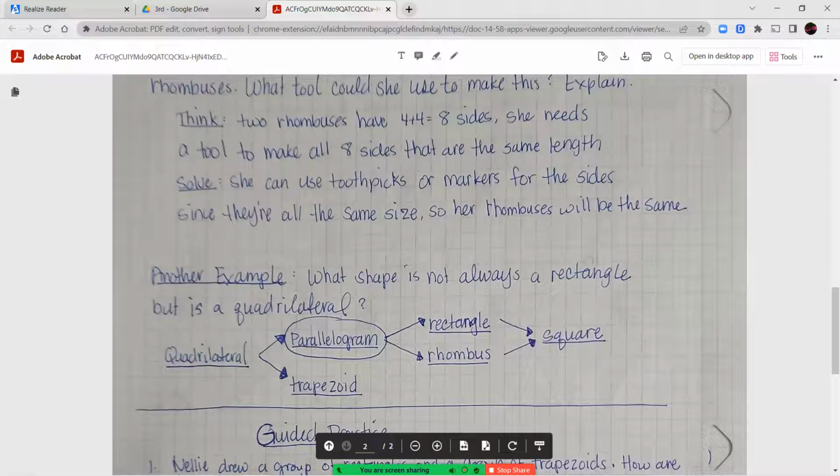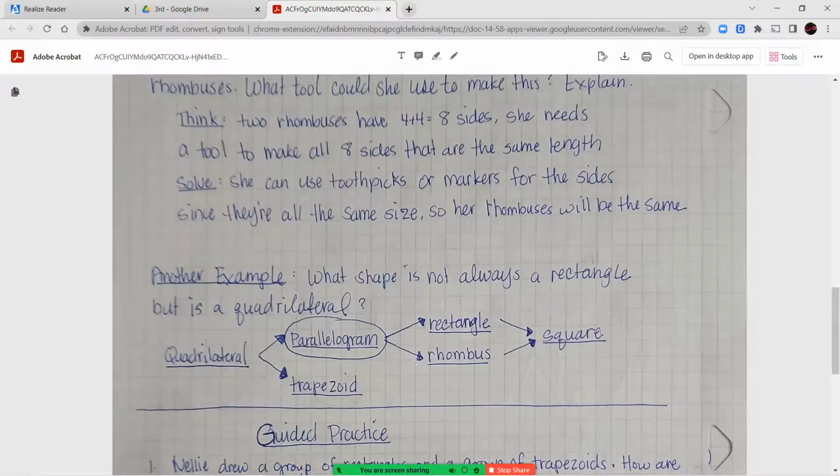A parallelogram has 4 sides, but it also has 2 sets of parallel sides. And then a rectangle has 4 sides and 2 sets of parallel sides, and all the angles are right angles. And then a square has all sides that are equal in length and all right angles.